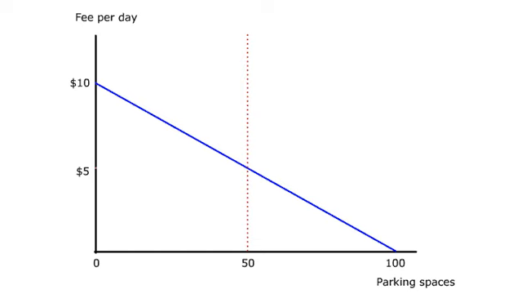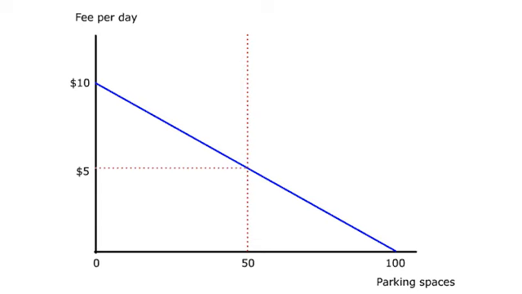Suppose a fee of $5 per day is charged for parking. At this level, the number of spaces demanded is exactly equal to the spaces available. The market clears because nobody who is prepared to pay $5 is denied a space.